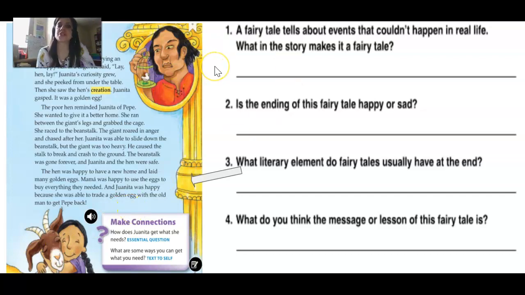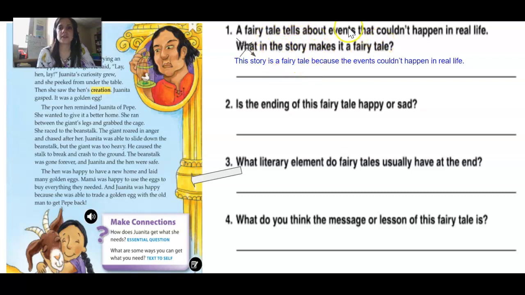So here's our first question. A fairy tale tells about events that could happen in real life. What in the story makes it a fairy tale? Okay, we're going to restate that question. We're going to cross off the question words. What? This story is a fairy tale. And look, we get that from the text.